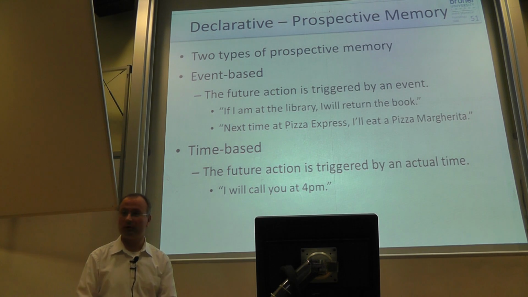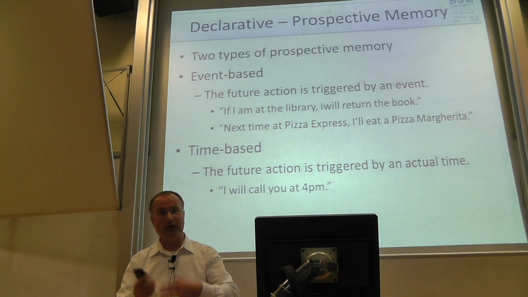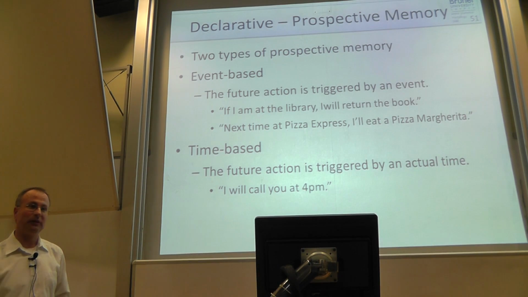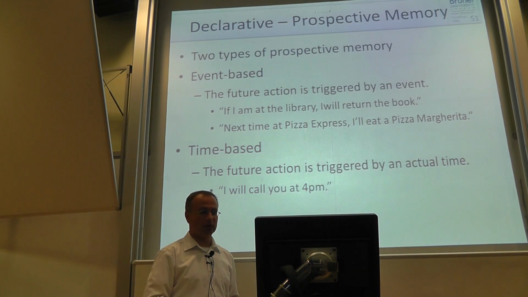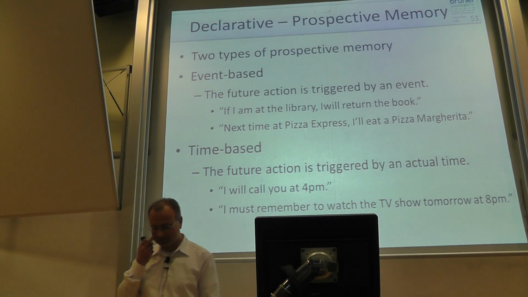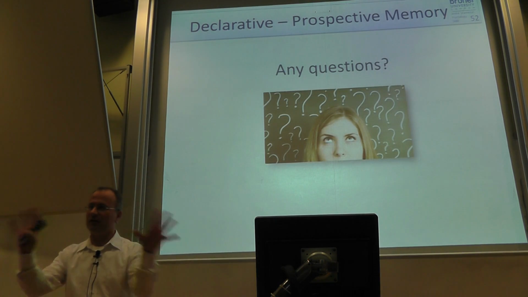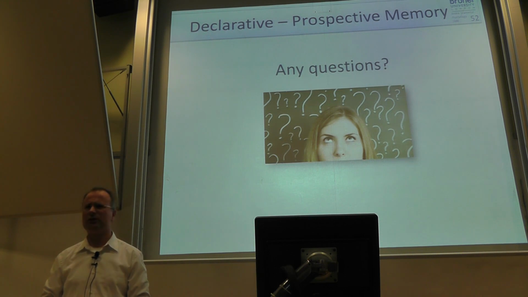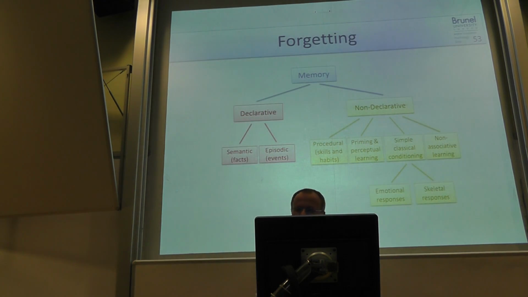So I will call you tomorrow at 4 p.m. So we may have to fine-tune our internal timing and check the time, and roughly you will see, okay, now it's afternoon, I have to call that person. Any questions on that very brief bit? It's not too complicated, at least when we stay on that level.